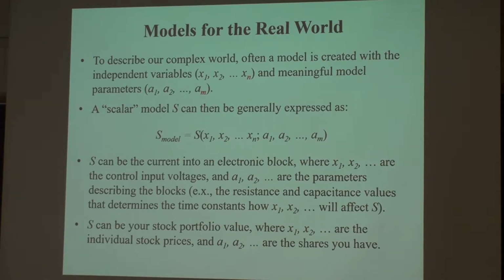So typically, your model can be written in this way: your S model is described by the independent variables, n of them, and m of your parameters. Most of the time, n is not equal to m. And most of the time, this x will expand to the input vector space.